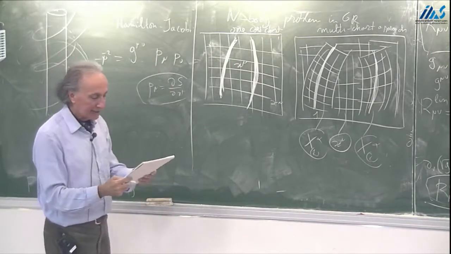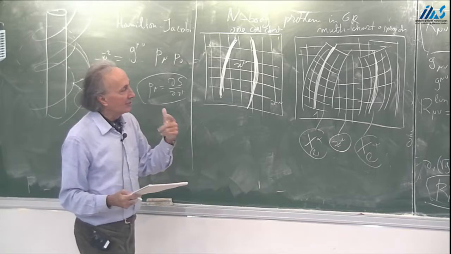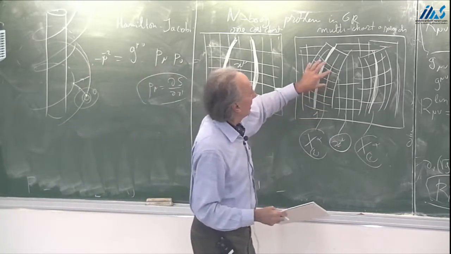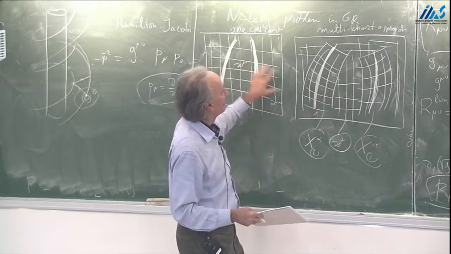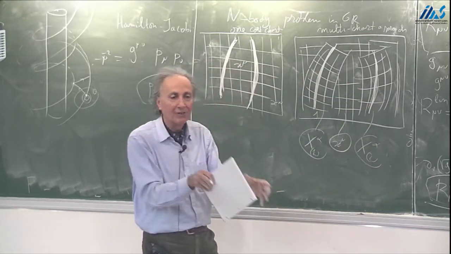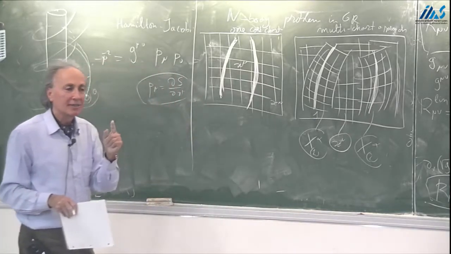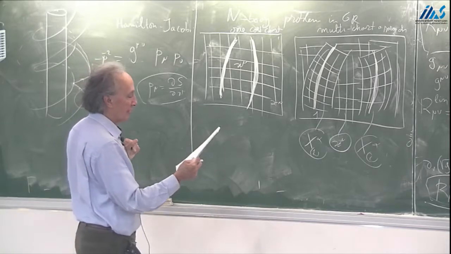Okay? But now what looks complicated when doing that is you say, but if you do that, this means you will have to solve Einstein equations not once, like here, but n plus 1 times. You need to solve them again in each frame. But there is a very simple way to do that, and that's what I want to mention.